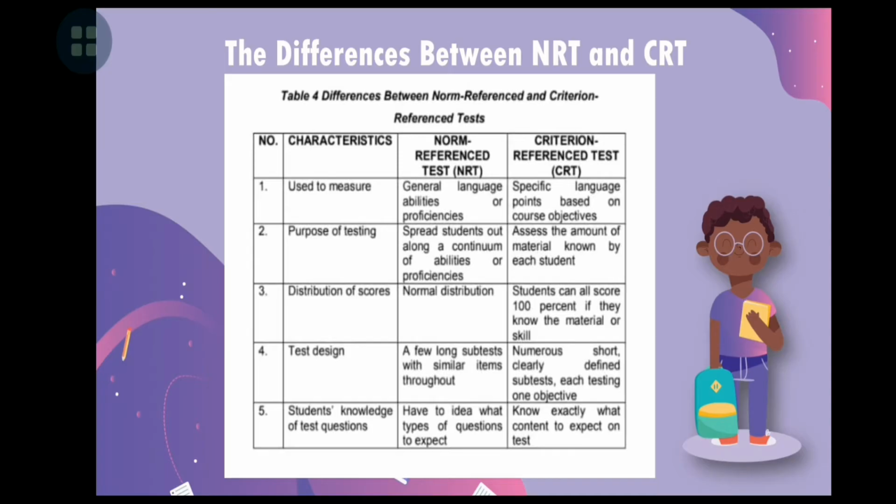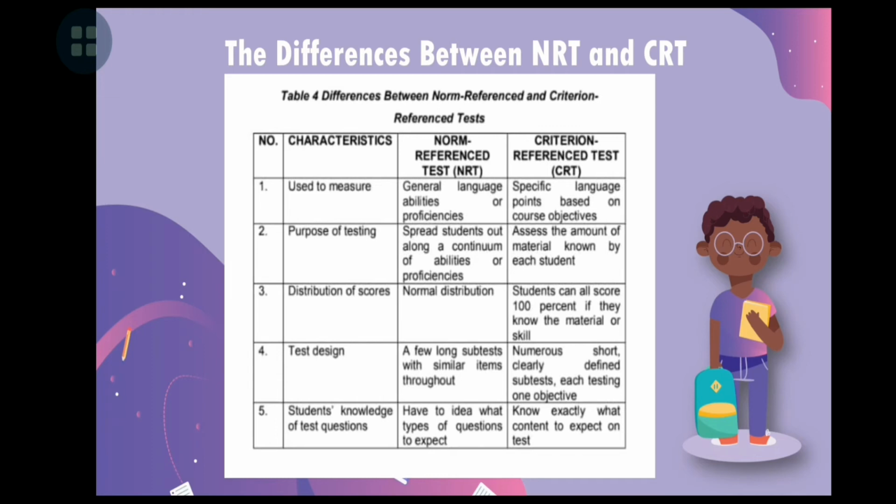Next is the differences between NRT and CRT. We can see in the table there are five differences between NRT and CRT. The definitions above cover one difference between the two types of tests, that is, the scores are interpreted differently.